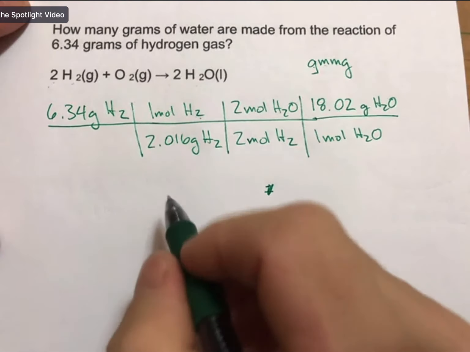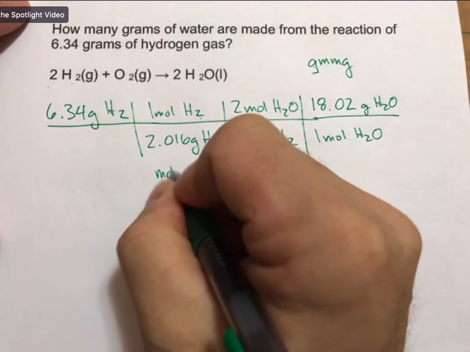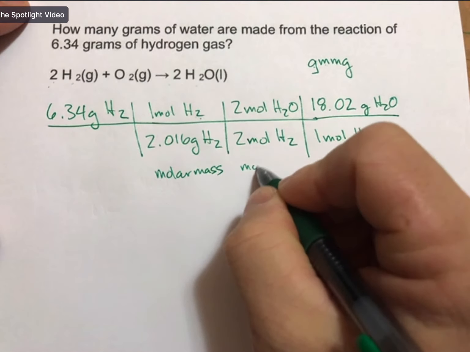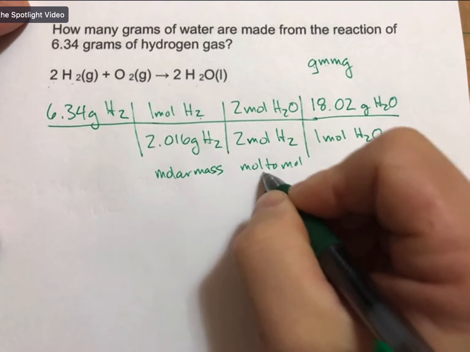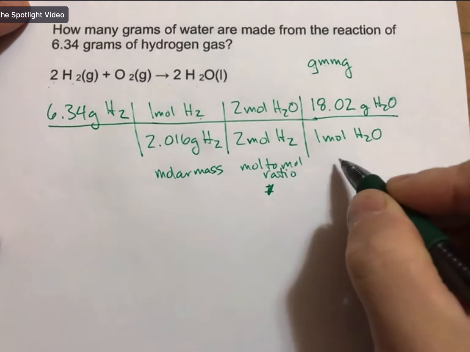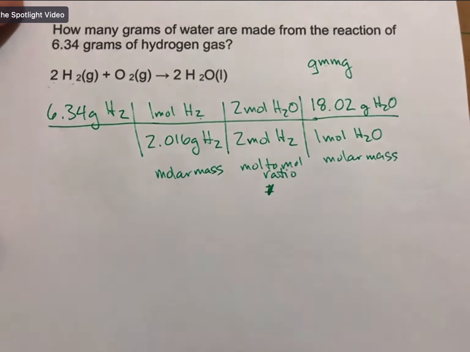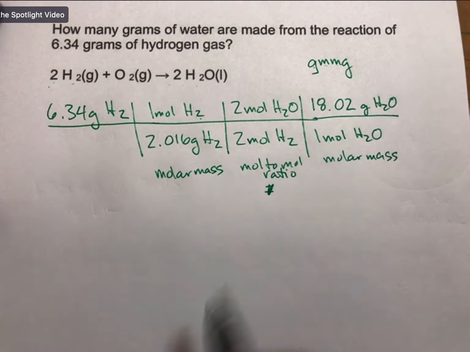And they always go like this. So there's always a molar mass, there's always a mole to mole ratio, and then there's always another molar mass. This is what I would call a bread and butter question, meaning you're going to see this.